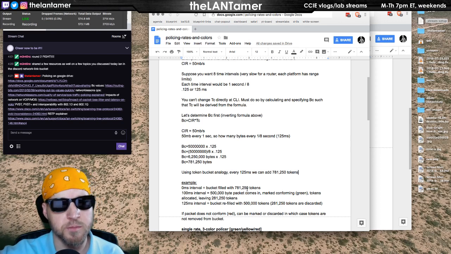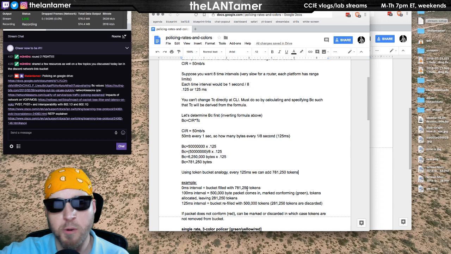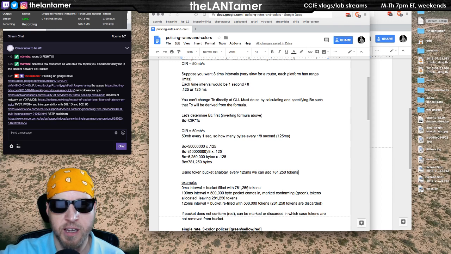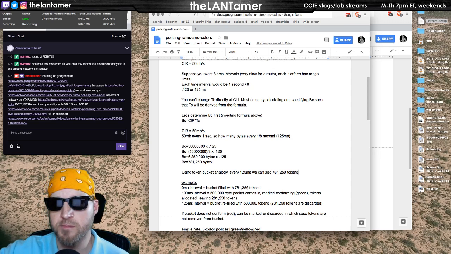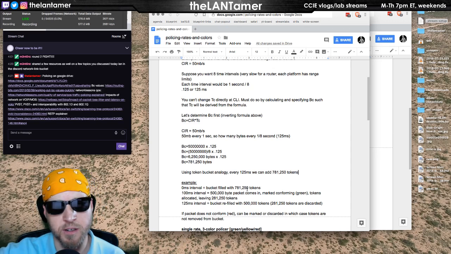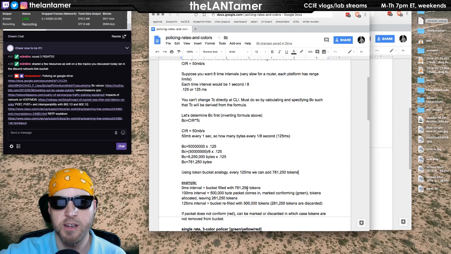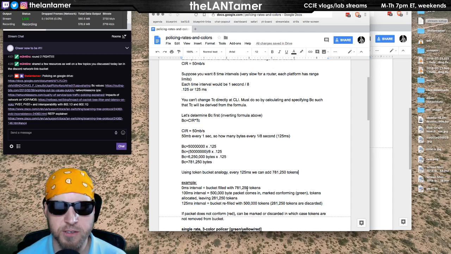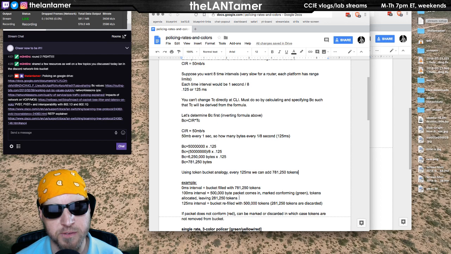This packet conforms with my burst commit. So I'm going to mark it green, conforms, and I've decided when something conforms, I'm going to forward the packet, and I'm going to take those 500,000 tokens out of the bucket. What am I left with? So I'm left with 281,250 tokens. That's great.